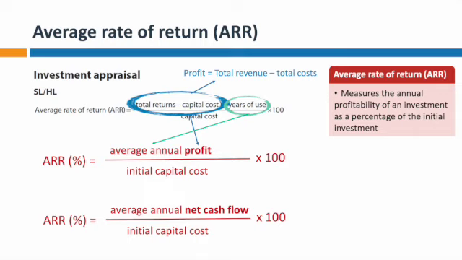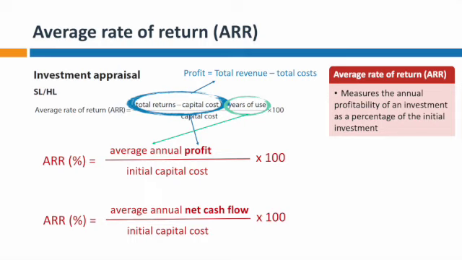So they assume that the net cash flows equal profits, or that the average annual net cash flows equal average annual profits, but that's just for the investment appraisal unit. To be honest, I would not work with this formula, because I personally find the formula in the formula booklet to be the surest and the least confusing.